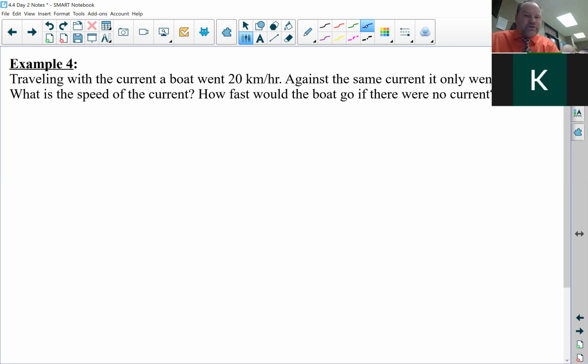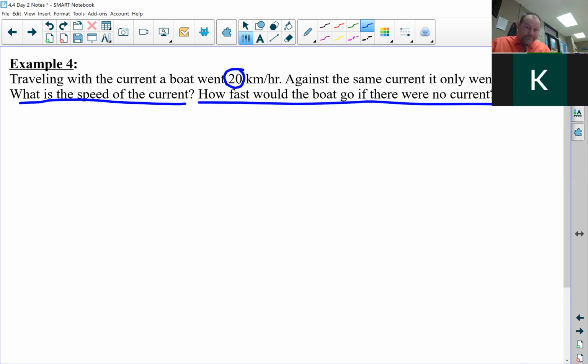So circle our numbers. Underline our question. In this case, we have 2 questions that we need to answer. Box any keywords.